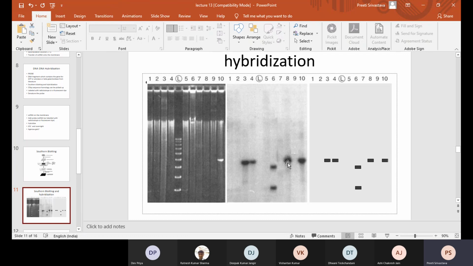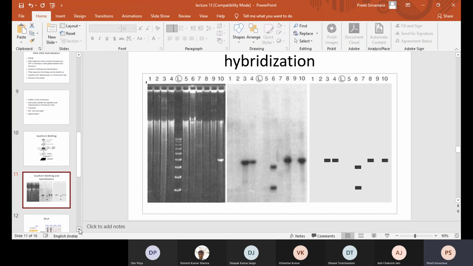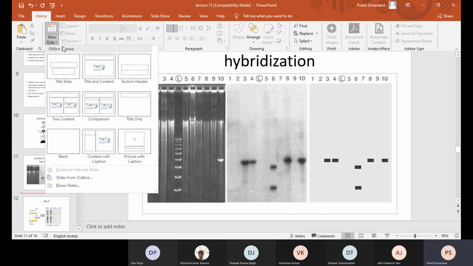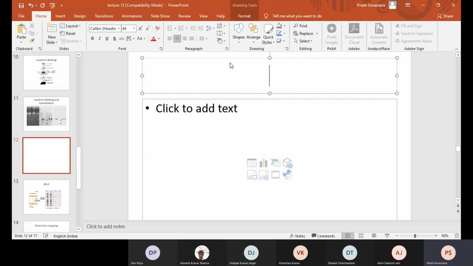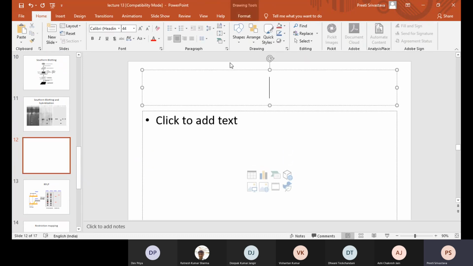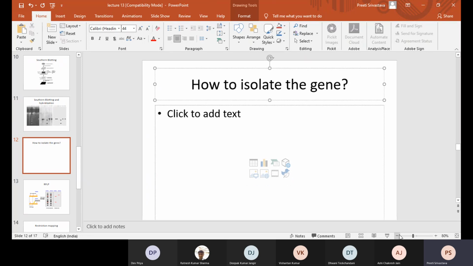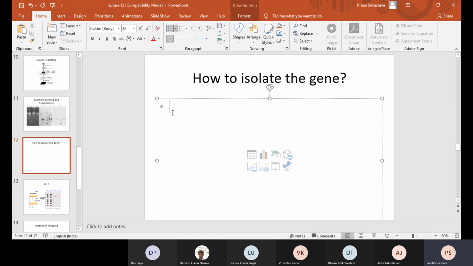Now how do you isolate the gene, because you want to clone the gene? For this purpose, what is done is you run the gels in duplicate.